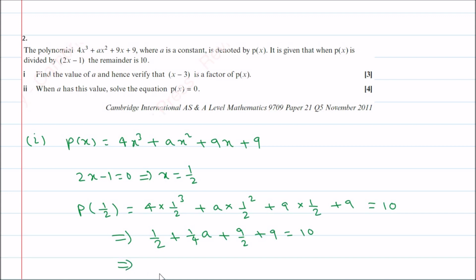Then this implies that 1 by 4a plus, if you simplify the numerical values, we are getting 14, and that is equal to 10.